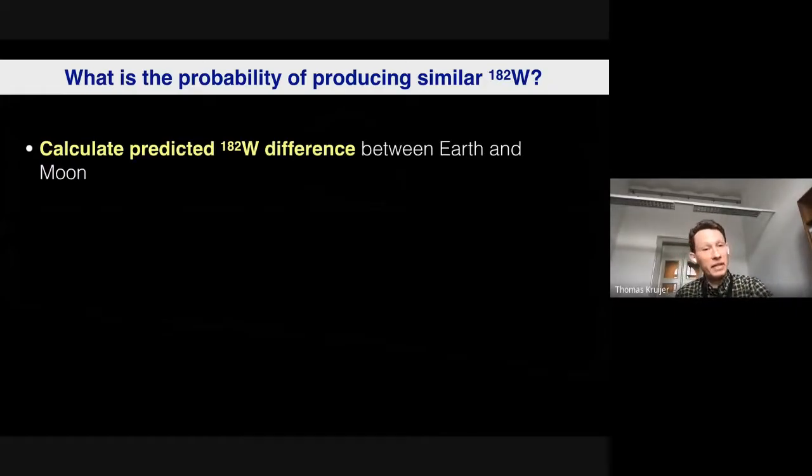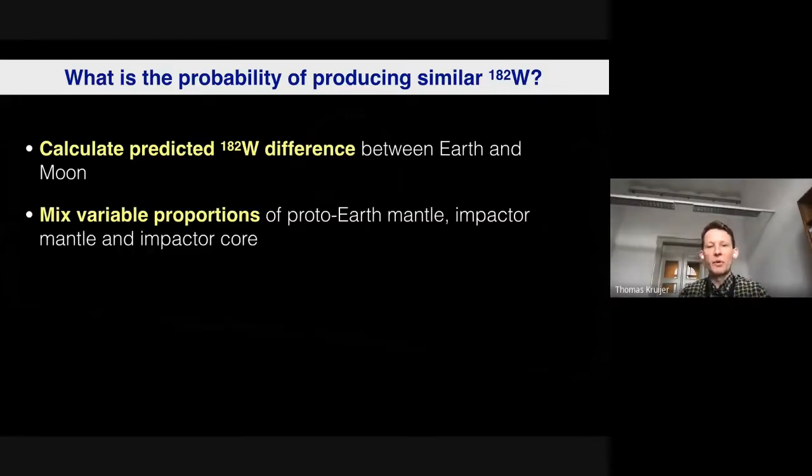What I did was I simply calculated the predicted tungsten isotope difference between the Earth and the Moon in the context of these different giant impact scenarios by mixing variable proportions of proto-Earth mantle, impactor mantle, and impactor core, which all have these different 182 tungsten compositions.